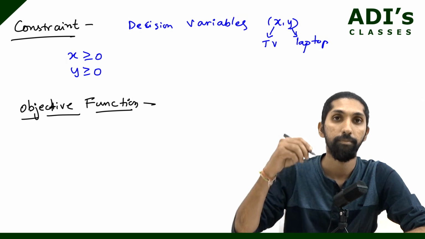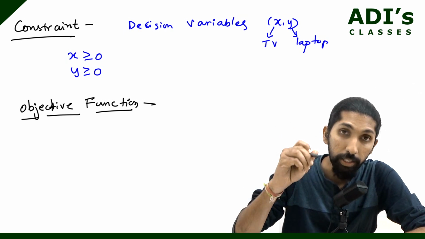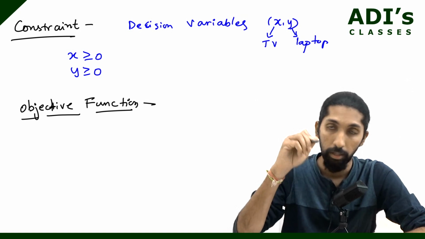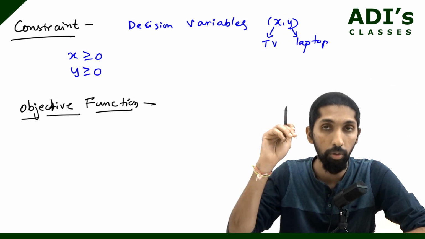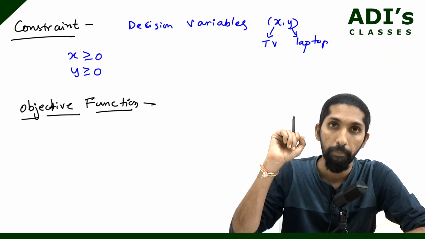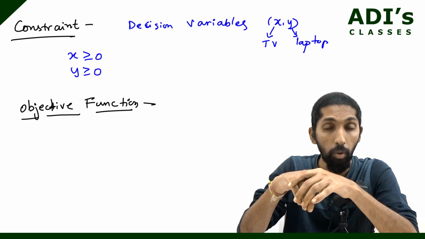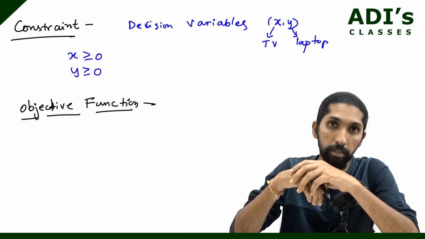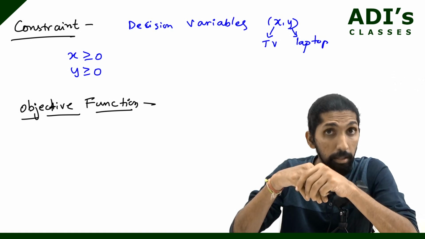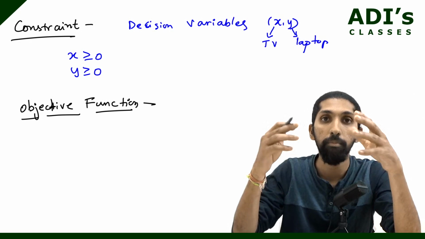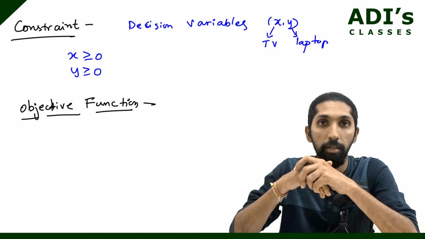Objective function. See, objective function in the sense that if you again take that example of the godown and maximizing and everything, here there is one particular problem you're trying to maximize, correct? What is that problem? The problem is I need to maximize my profit, right?